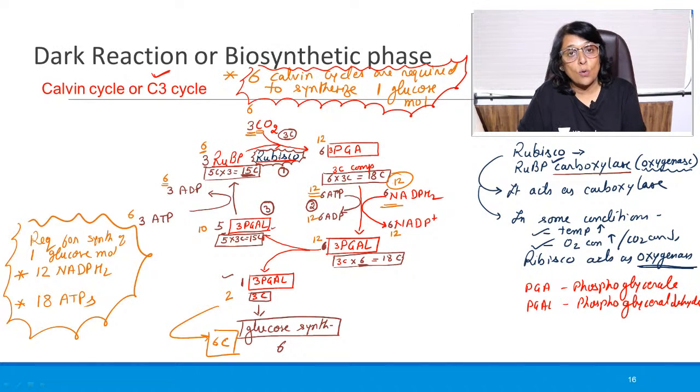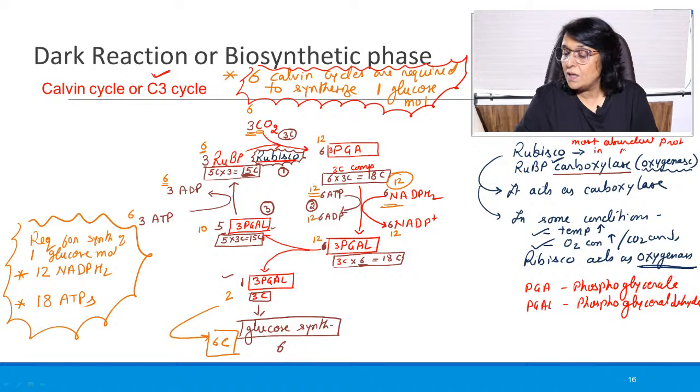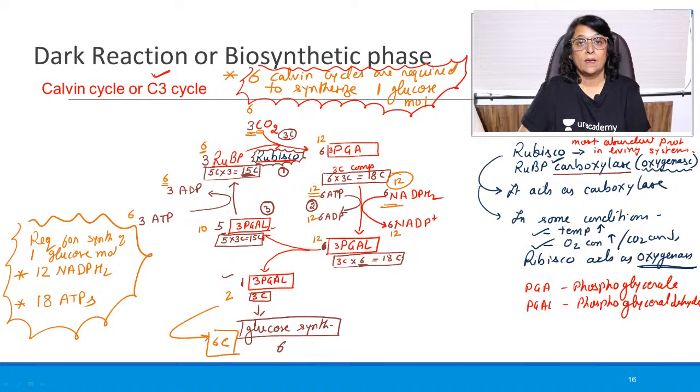And Rubisco is a protein which is the most abundant protein in the living system. In the entire living world, this is the maximum protein which is found, that is Rubisco.